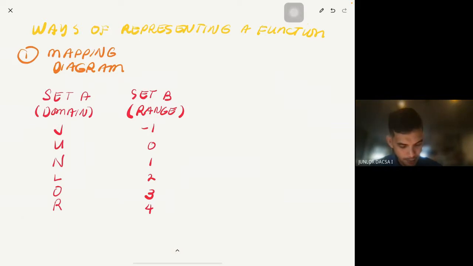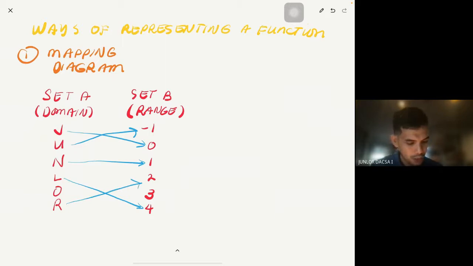So, let us say J corresponds to 0, U corresponds to -1, N corresponds to 1, L corresponds to 4, R corresponds to 2, and O corresponds to 3. So as you can see, this set of relation is a function because one element in the domain corresponds to exactly one element in the range.